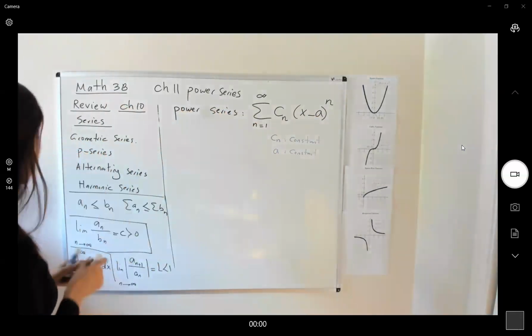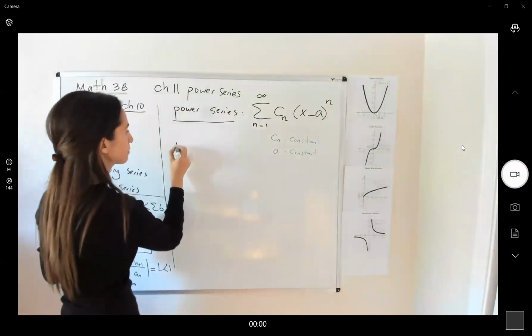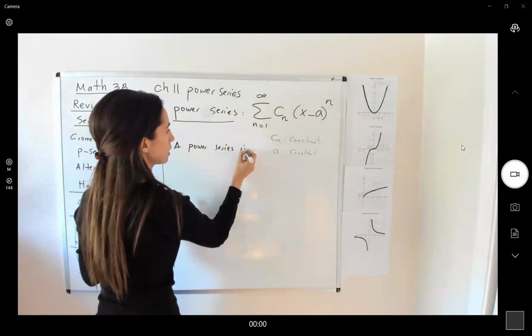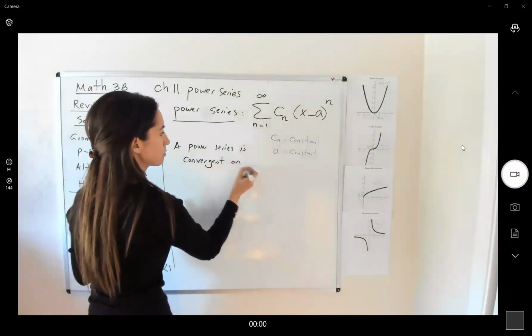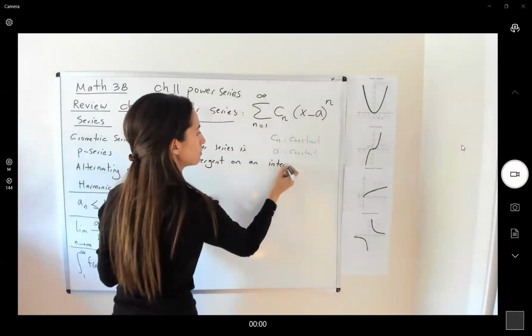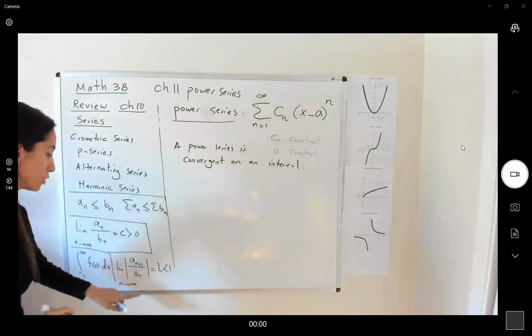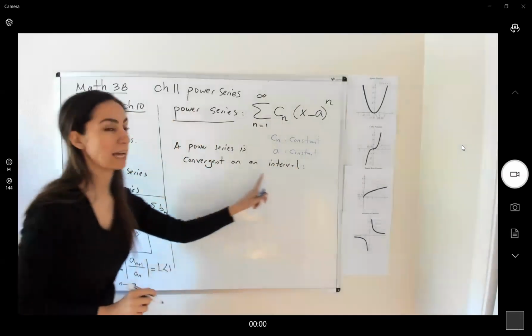Very well. We say that a power series is convergent on an interval. How do we find that interval? We use the ratio test to find that interval.